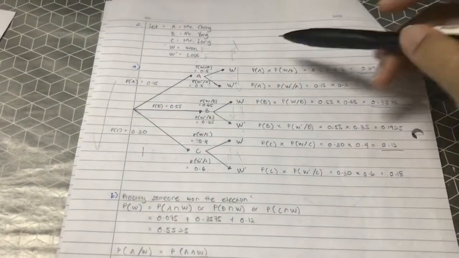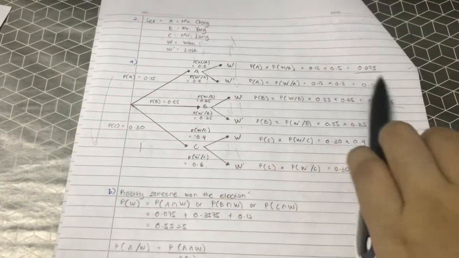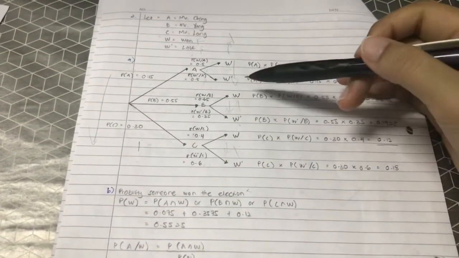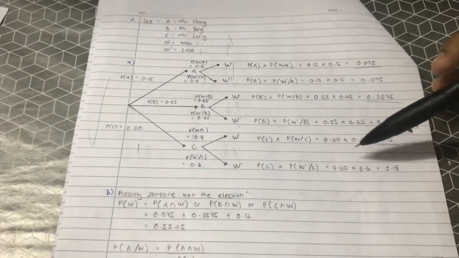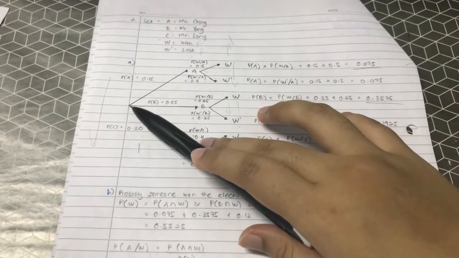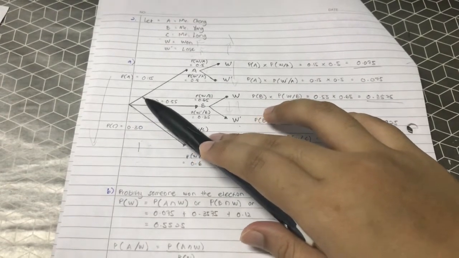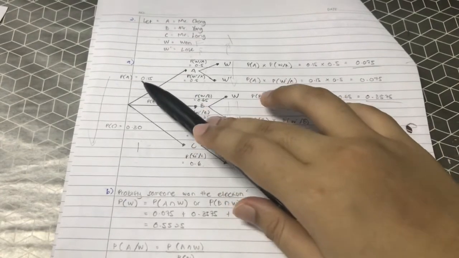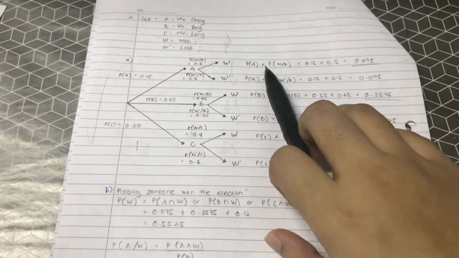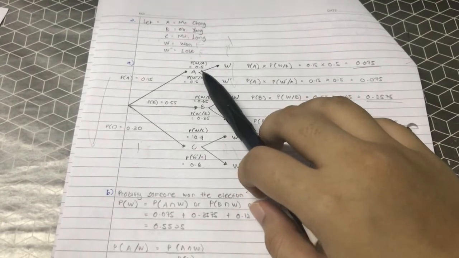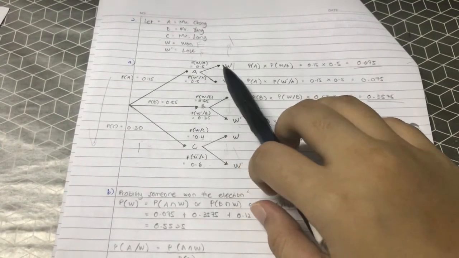After that, you need to write this word like this. We take a look at the first arrow. The probability of A, PA, multiplied by PWA, which is the probability of Mr. Chong to win.